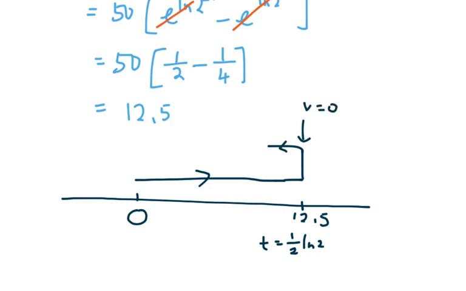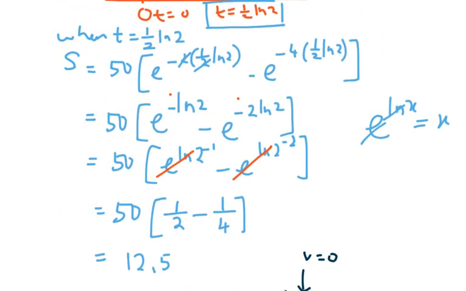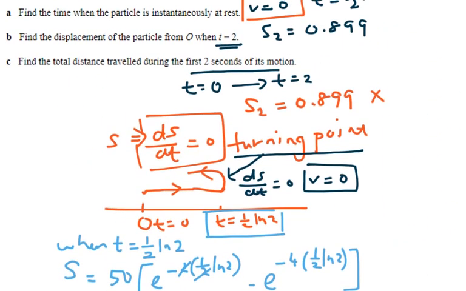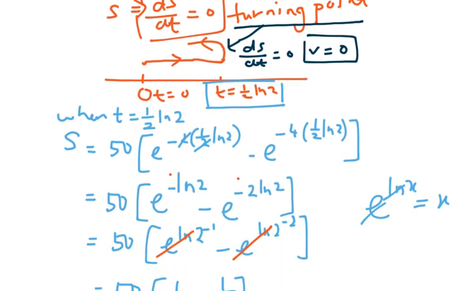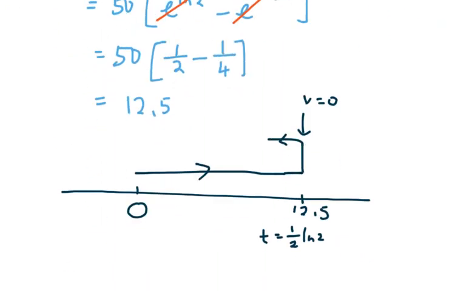And then when t is equivalent to 2, it moves and reaches this point at 0.899.